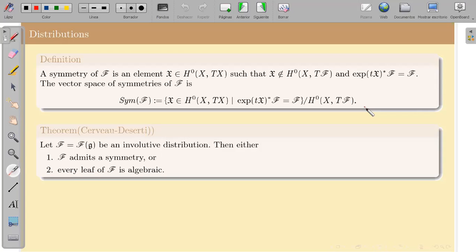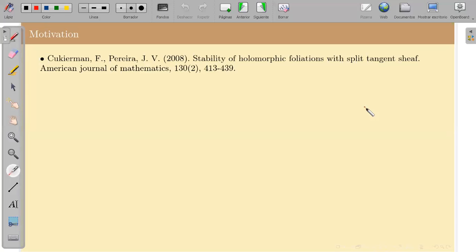Okay, so now I can tell you the motivation of this work. It's about a work of Professors Cukierman and Pereira. In this work, they study, among other things, foliations in projective spaces that are induced by locally free Lie group actions.